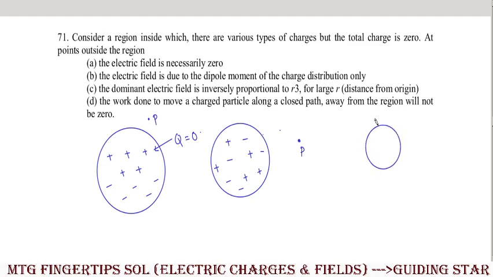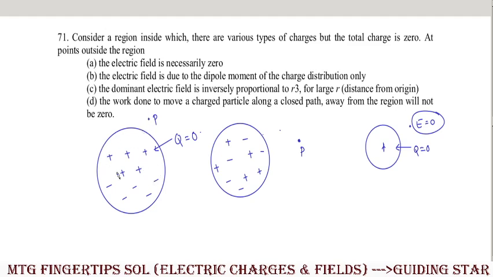Net charge zero and electric field will be zero. That will happen only in a single case. That means if we take a dipole over here which is present at the center, and then net charge inside the given body is zero. That means electric field at any point outside the given system, in that particular case electric field is zero. But here in this particular case, for the first figure, if I take the point P, then the positive charges are present nearer to the point, or point P is located nearer to the positive charge, and point P is located farther away from the negative charge.